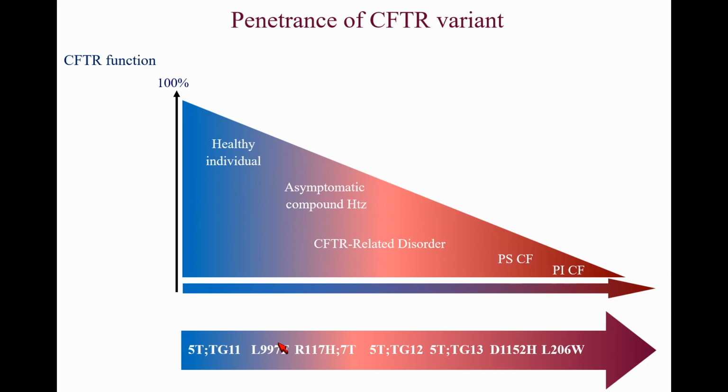The 5T-TG11, L997F, and R117H-T7 are mainly found in asymptomatic compound heterozygous, associated with a very low penetrance of CFTRD and minimal penetrance of CF, while 5T-TG12 and 5T-TG13 are associated with a high penetrance for CFTRD, CBAVD mainly, also bronchiectasis and pancreatitis in a lower number of cases, while D1152H and L206W can be associated with CFTR-related disorder, but display a high penetrance for cystic fibrosis.